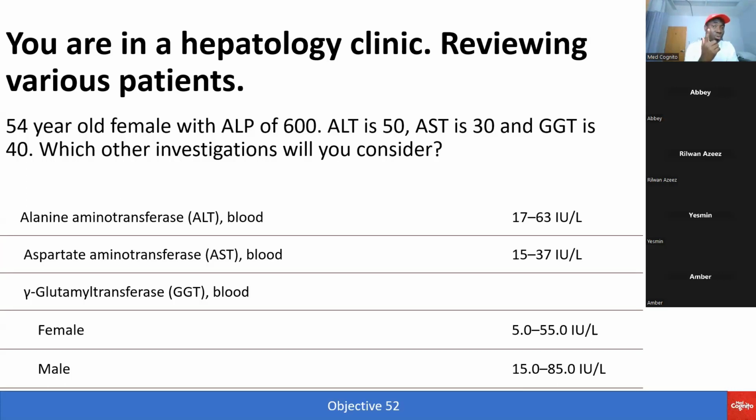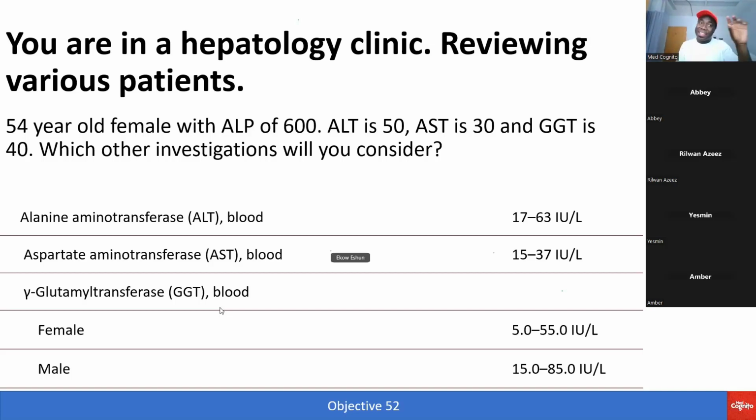So, what other place do you get ALP being produced from, apart from the liver? Gallbladder? No. If it was gallbladder disease, then you should see GGT also going up. But GGT is normal. Linda said placenta and bone. But Linda, a 54-year-old woman cannot be pregnant.